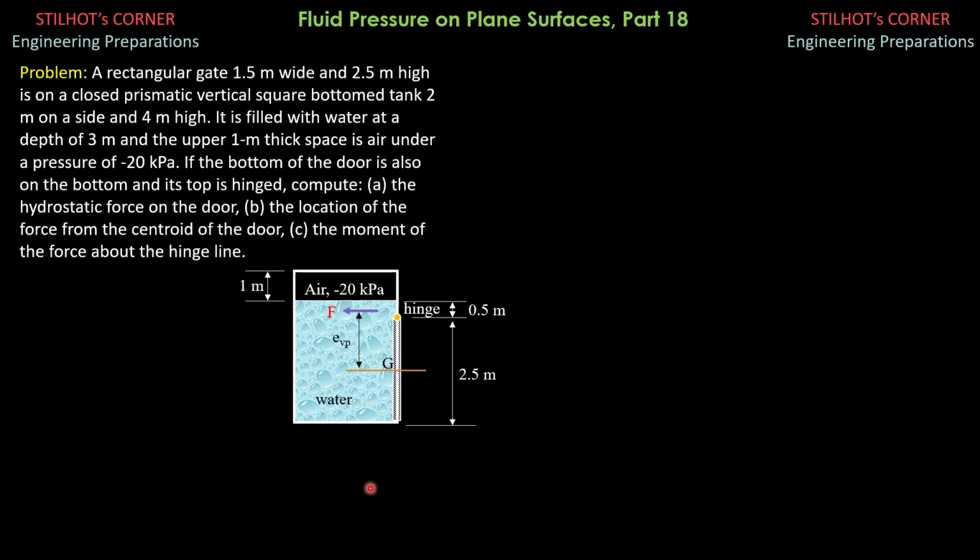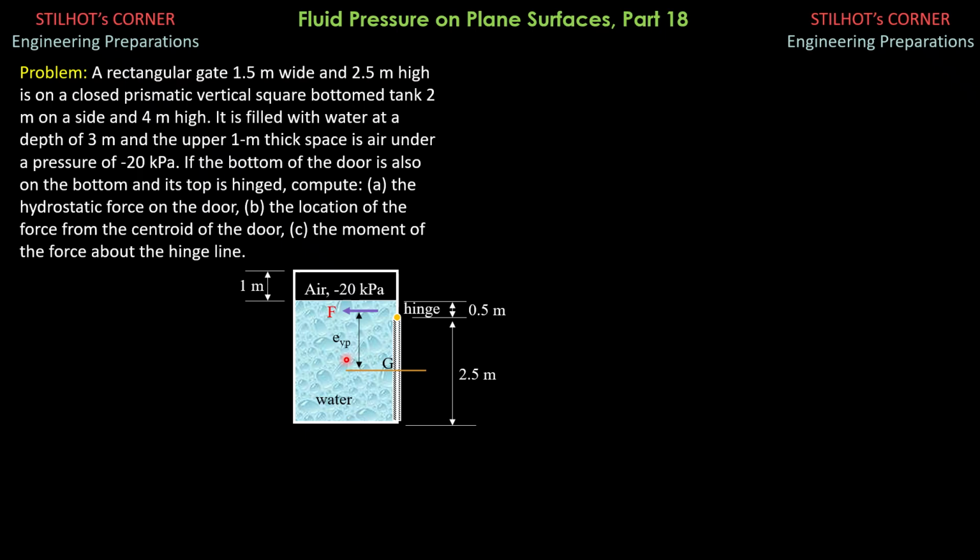So we anticipate that the force F is here, and its distance from G is denoted by e_VP, because the positive e_VP is below G, because the positive y-axis, remember, is going down.